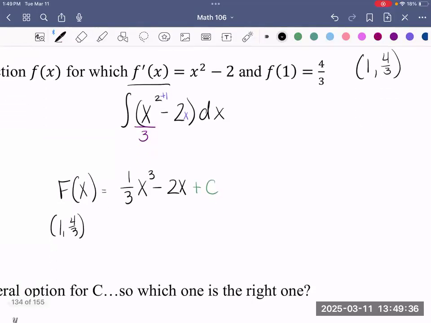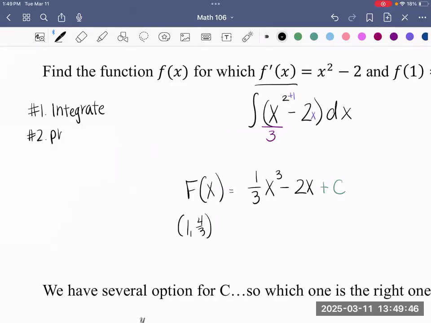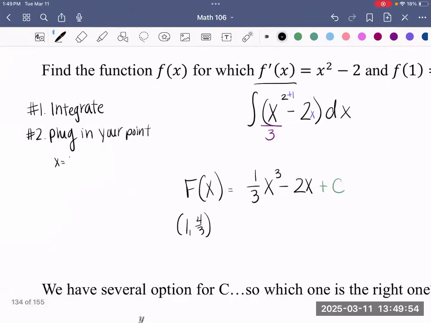So after you integrate, step 1, integrate. So kind of work backwards. Step 2, we're going to plug in your point. We know that x is equal to 1 and y, which is f of x, or in our case, big F of x, is equal to 4/3.